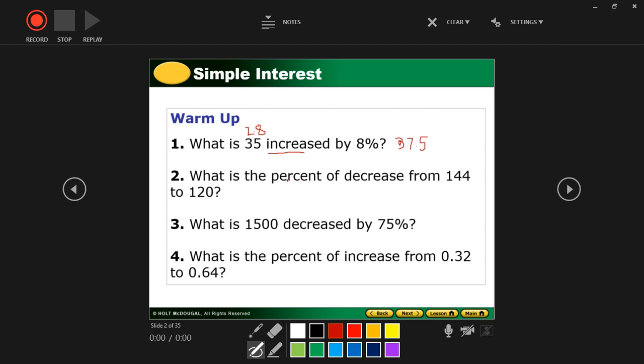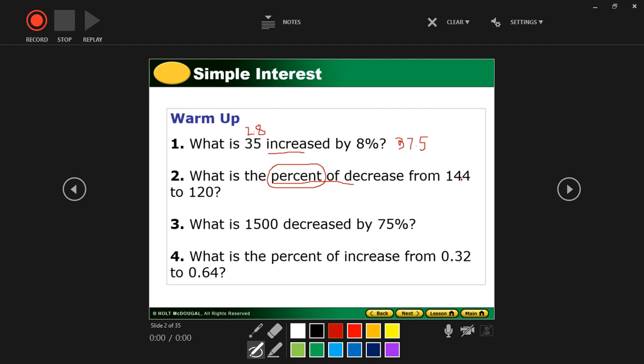Next, what is the percent of decrease from 144 to 120? Percent of decrease. So, first we see that it's a decrease, so we subtract. 144 minus 120, its difference is 24. Since what we are looking for is the percentage, what is the percent of the decrease from 144 down to 120?